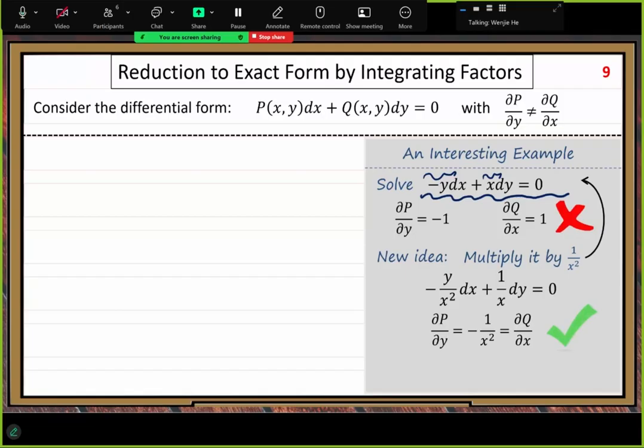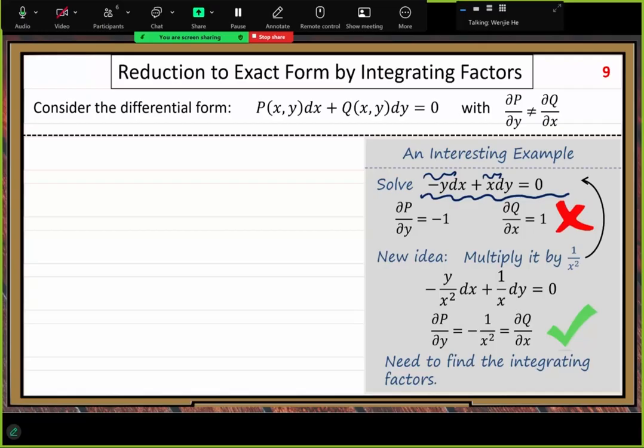So then, how to find the solution? I think it's easy, right? Total differential, the u, right? Integrating factor. But this simple example tells us we can do some special manipulation.